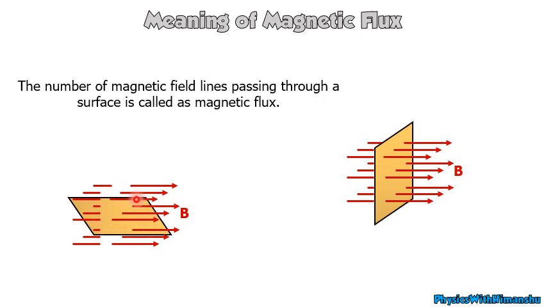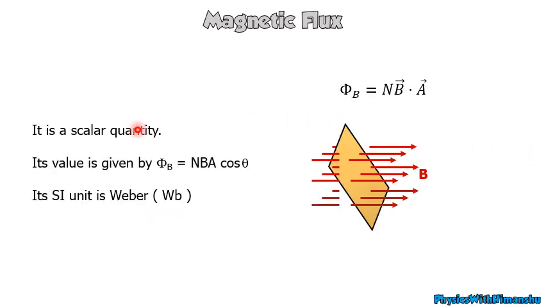So there is a formula to calculate magnetic flux, and also its SI unit. So what will that be? Remember, magnetic flux is basically a number. It tells us the total number of magnetic field lines passing through an area. So basically it is a scalar quantity.